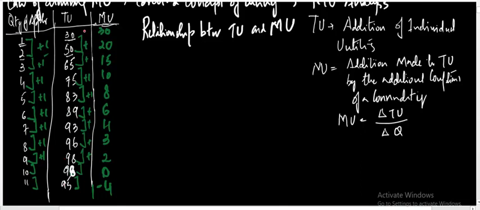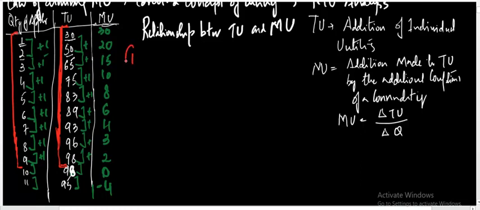So this whole part of the table shows that total utility keeps on rising as we keep on adding commodities to the consumer's consumption.